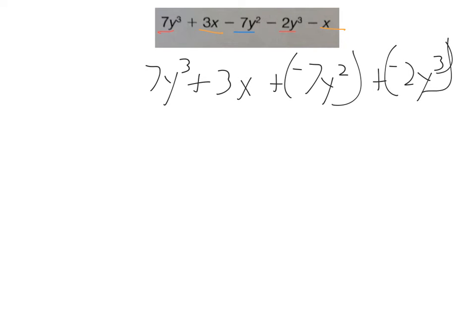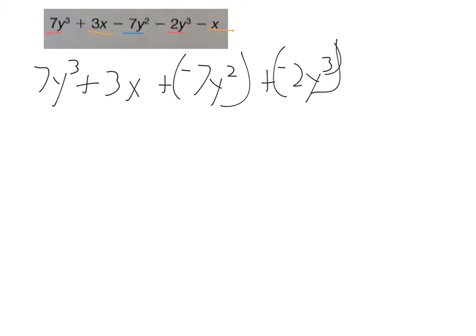Oops, a lot of space there. Plus negative x. Now I can reorder these any way I want, and so the first thing I'm going to do is combine your y cubes. So you have 7y cubed and negative 2y cubed. It's actually the same problem we just solved. 7 combined with negative 2. The y cubed stays the same.